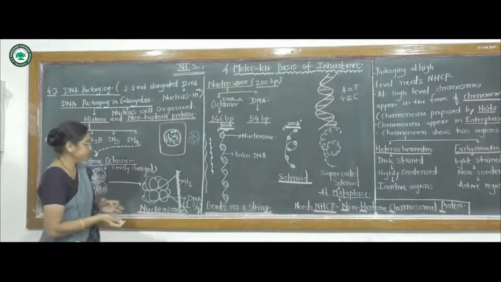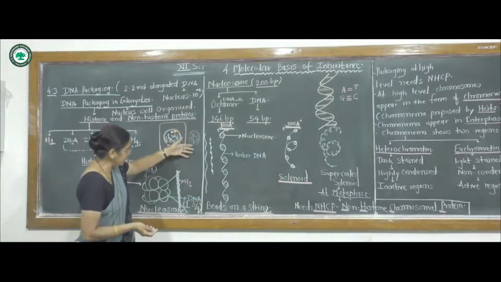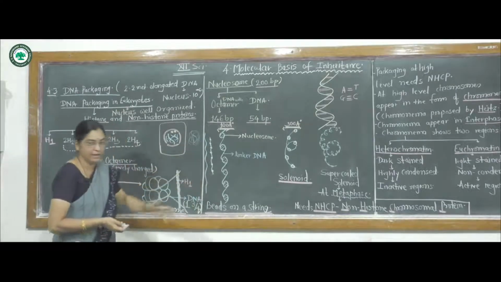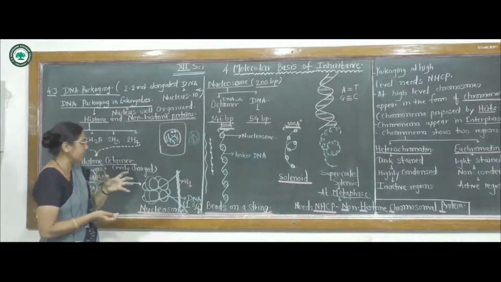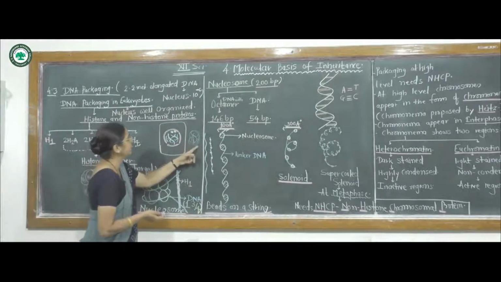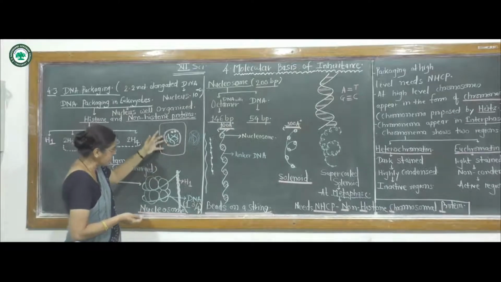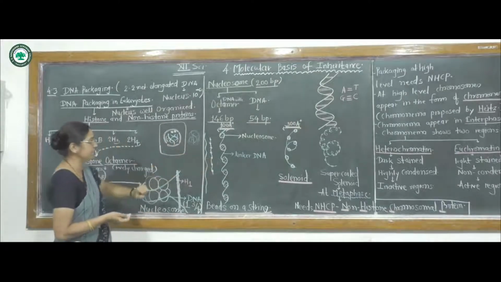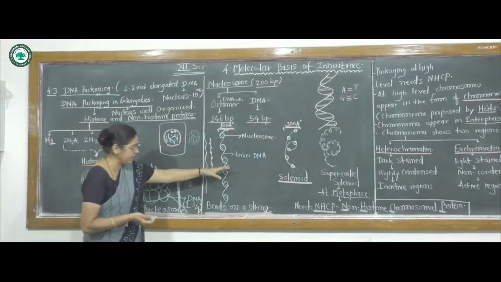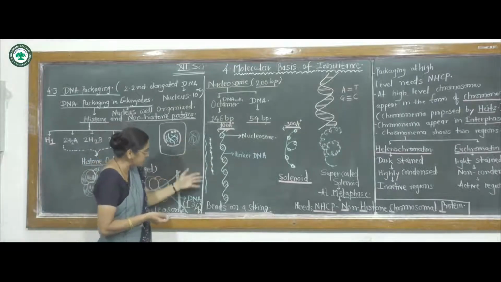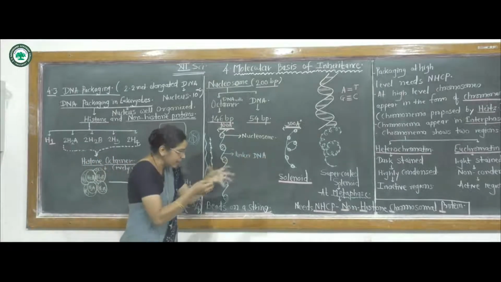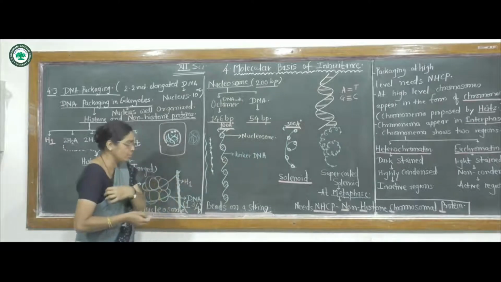Chromonema means the network of the DNA, forming a network-like structure. As the cell enters cell division, the much elongated strand of DNA gets accommodated in the form of the chromosome.